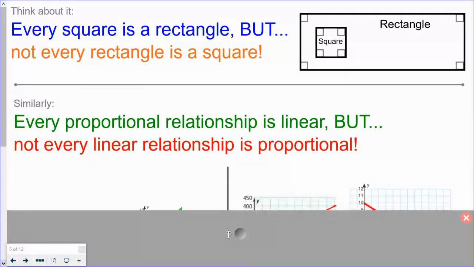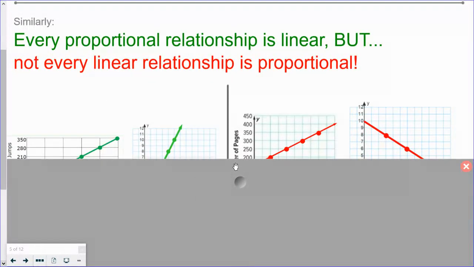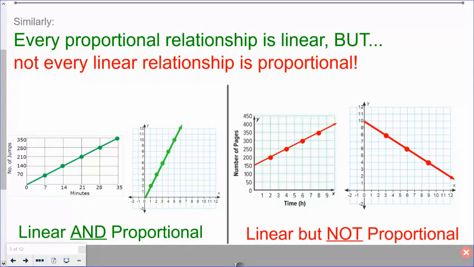Okay? So like when we looked at our graphs before, we had our linear ones that started at 0 and was a straight line. Right? Linear just means it's a straight line, but proportional is straight and starts at the origin. So that's why it can be linear, but if it doesn't start at the origin here, it's not proportional.